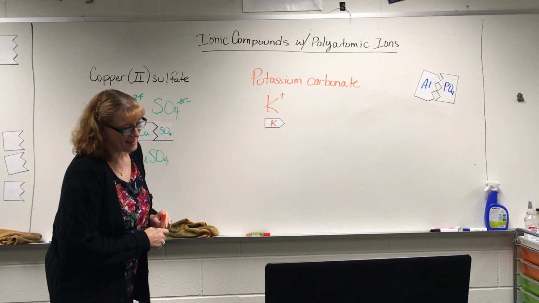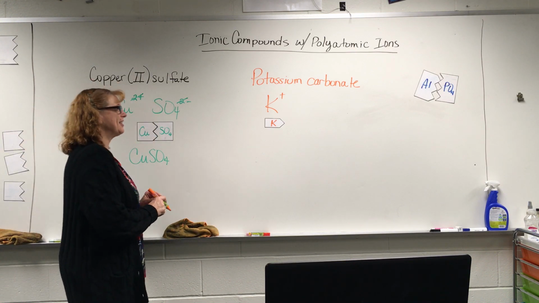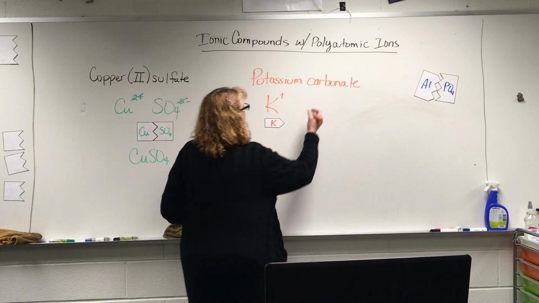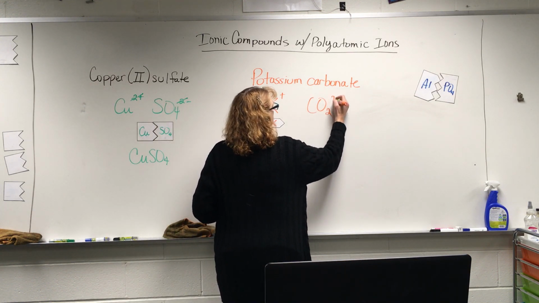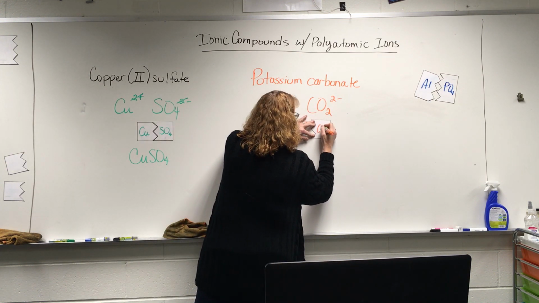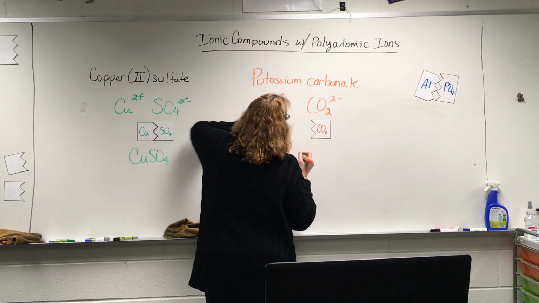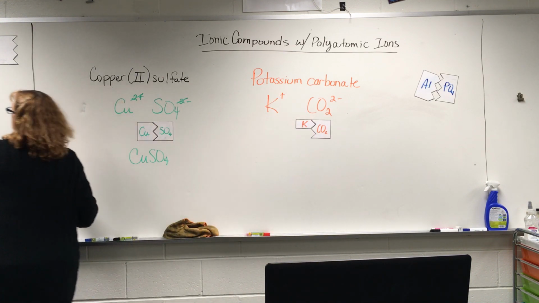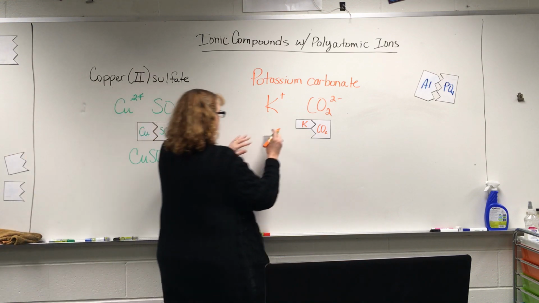Somebody besides Nathan, what's the formula and charge for carbonate? CO3 2-. Yep. Now notice it doesn't go one to one. In fact, it takes 2 potassiums.